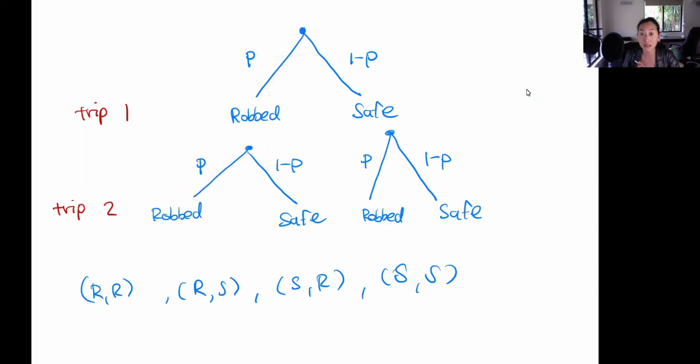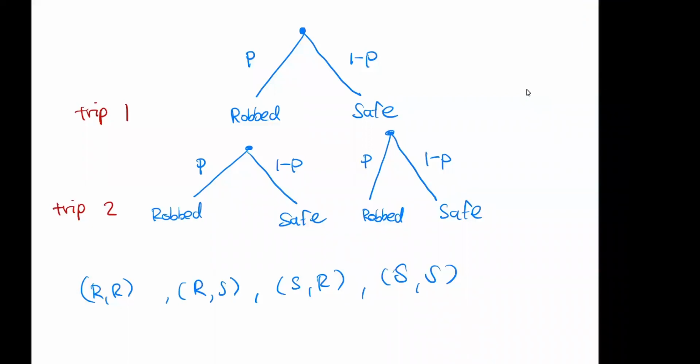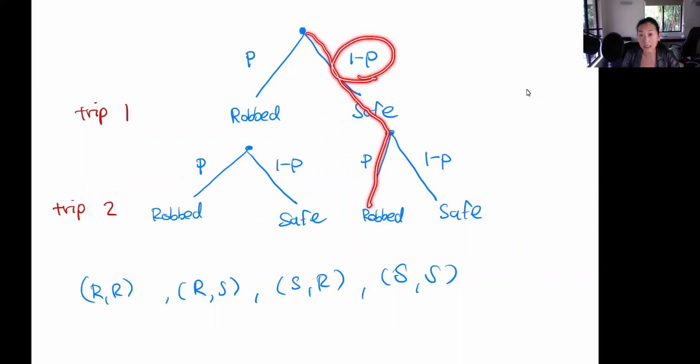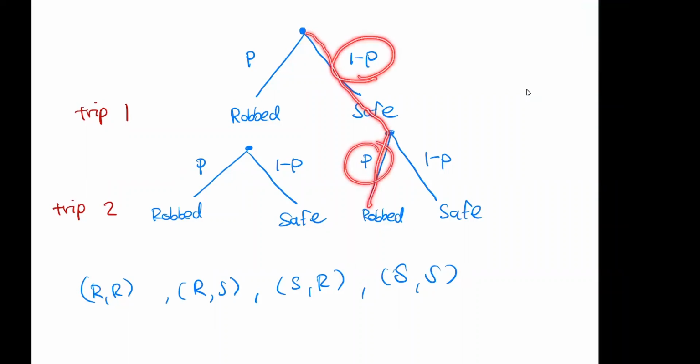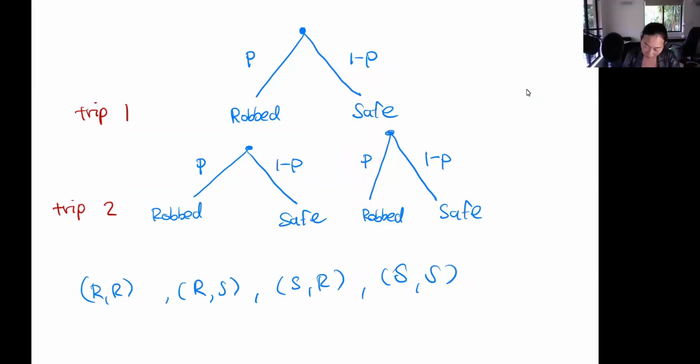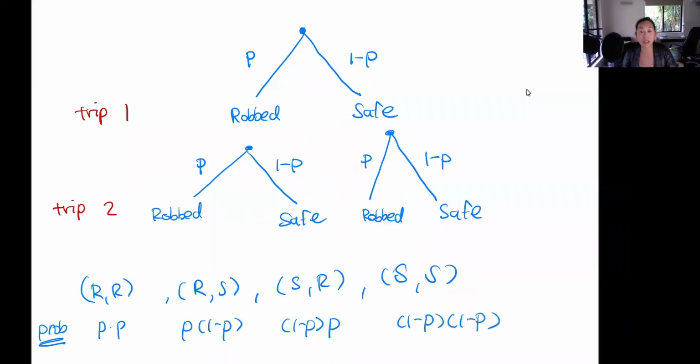What about safe in the first trip and robbed in the second trip? That would be 1 less P times P, right? So there will be P times P for this. This one is going to be P times 1 less P. This one would be 1 less P times P. This one would be 1 less P times 1 less P, or 1 less P squared, right?